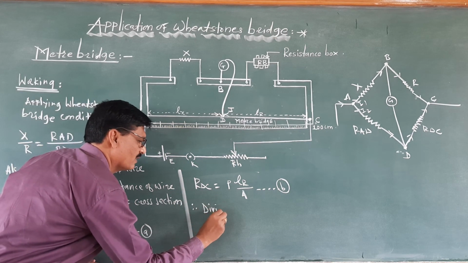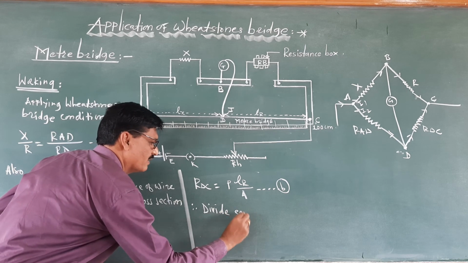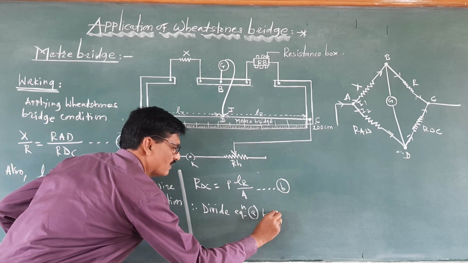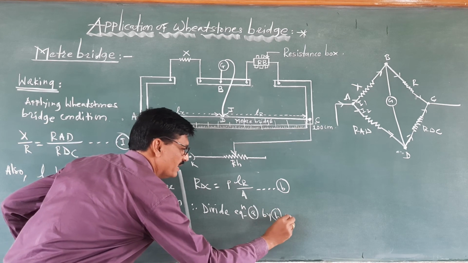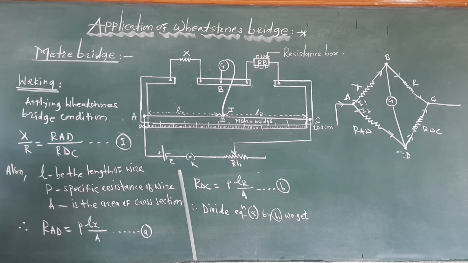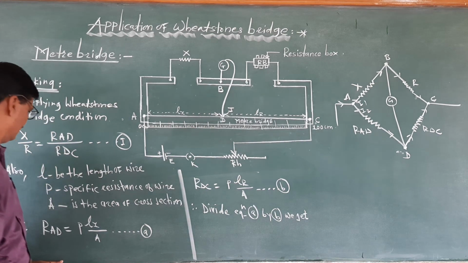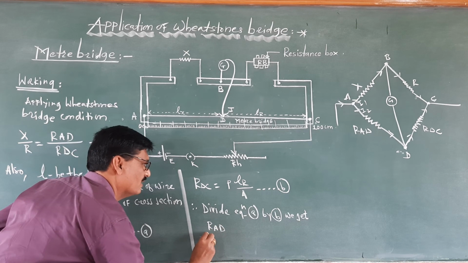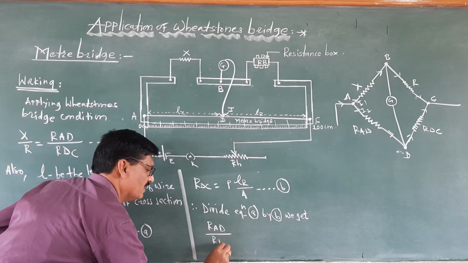Divide equation A by B, we get R times AD divided by R times DC.